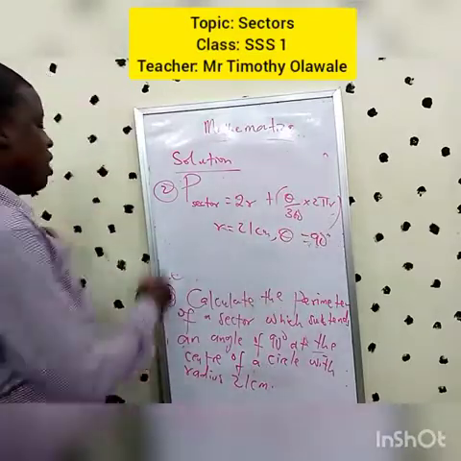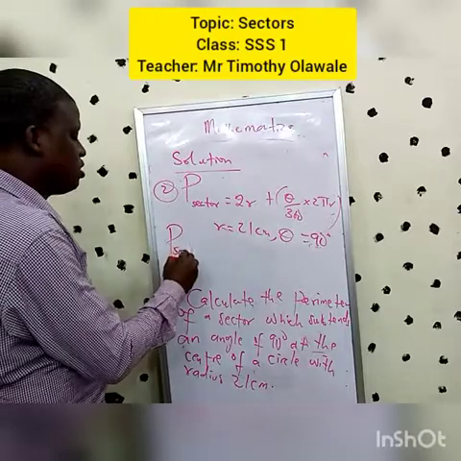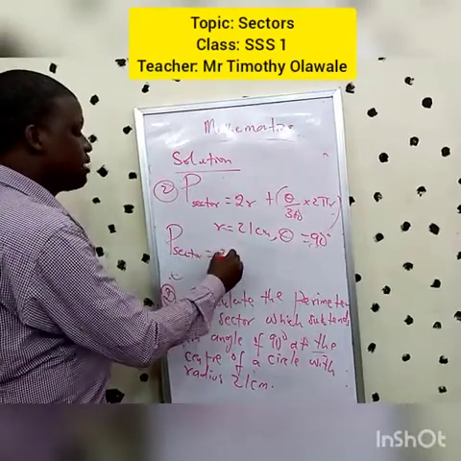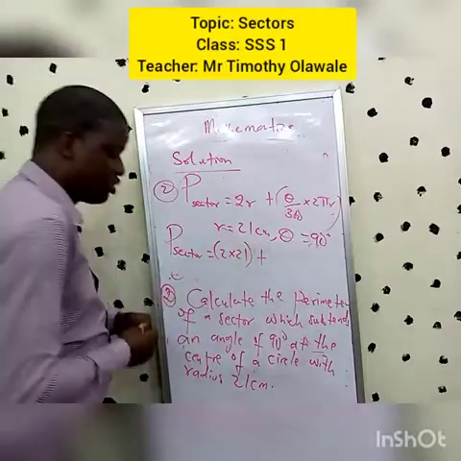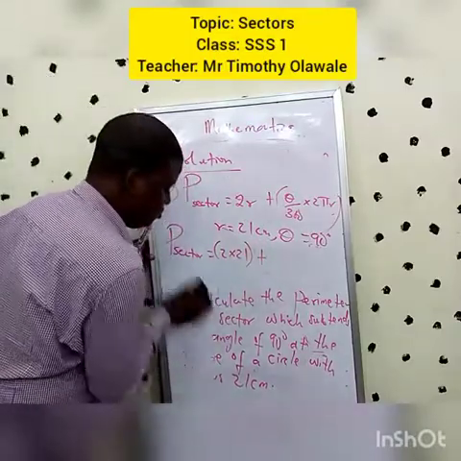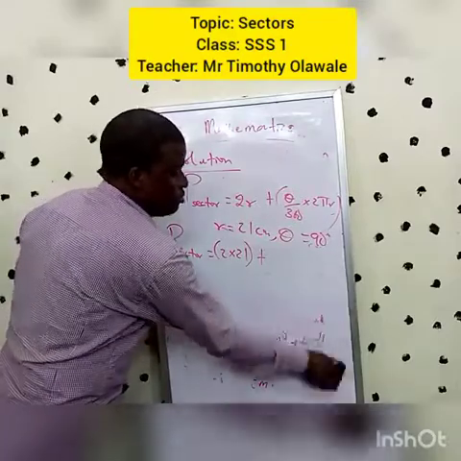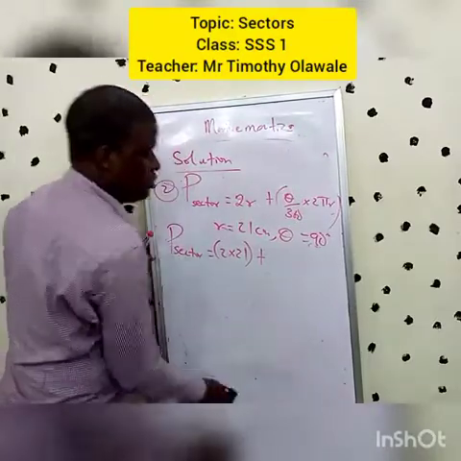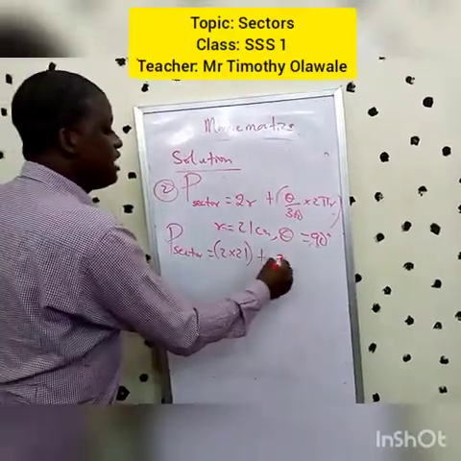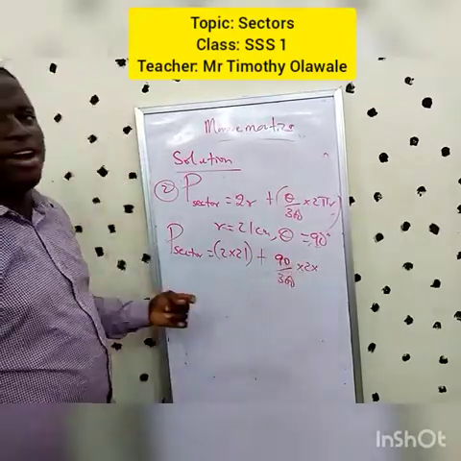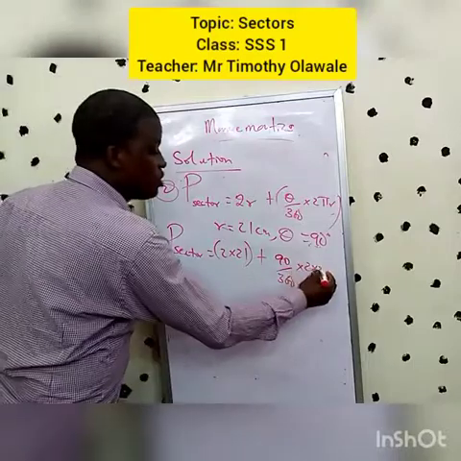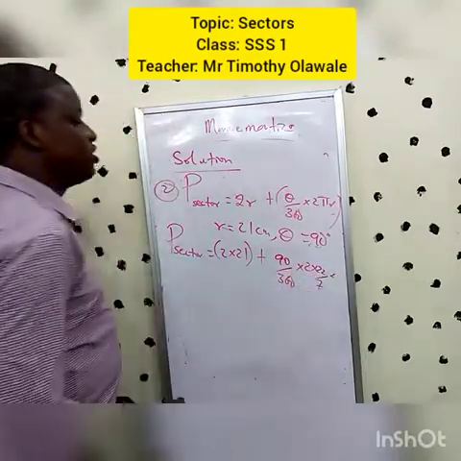Are you with me? So our perimeter of sector will be 2 times 21 plus 90 over 360 times 2 times pi, 22 over 7, times our radius, 21.